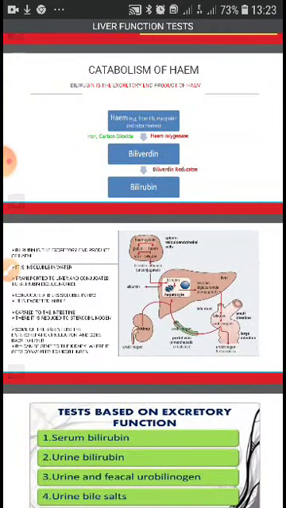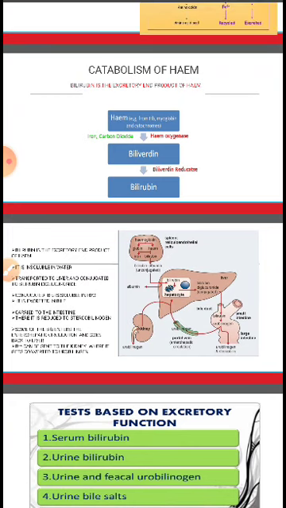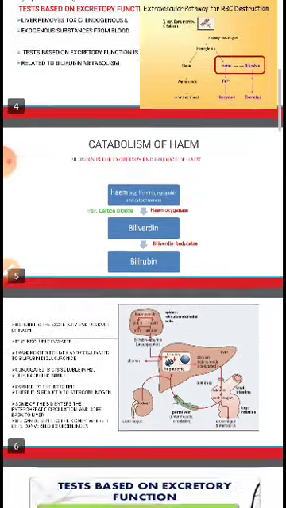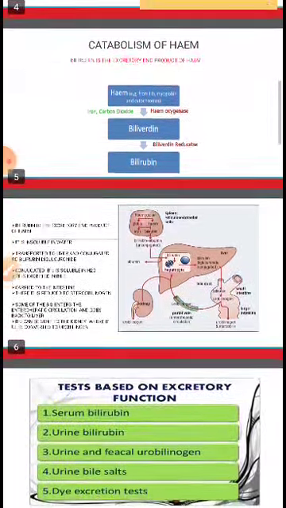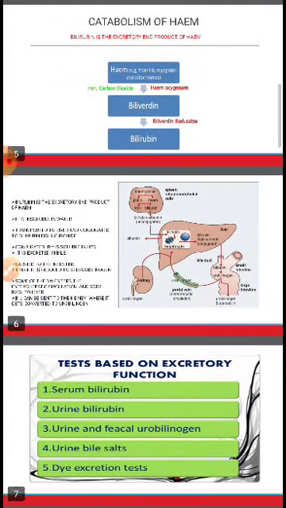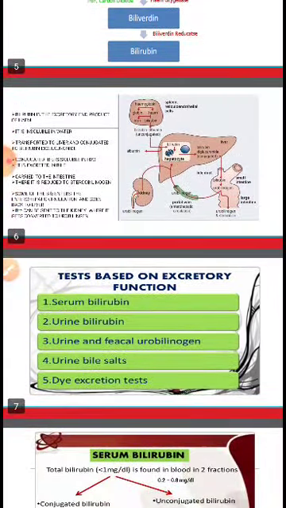So what happens to heme or hemoglobin? First, the heme part is split from the globin part. The heme is then degraded to biliverdin, and then by the action of the enzyme biliverdin reductase, it is converted to bilirubin.